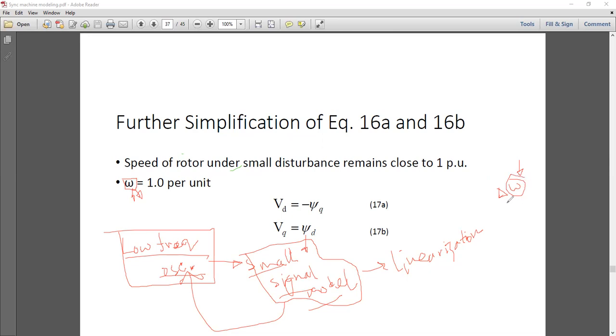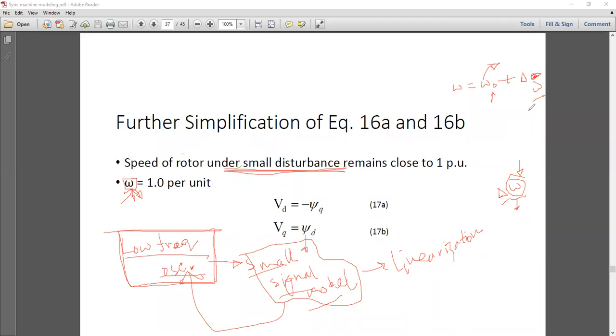So for this small disturbance model, the original value of omega can be written as omega naught plus del omega, where omega naught is the steady state value and del omega is the deviation of omega from its steady state value.